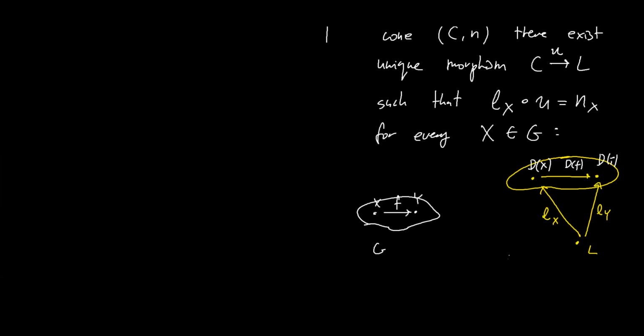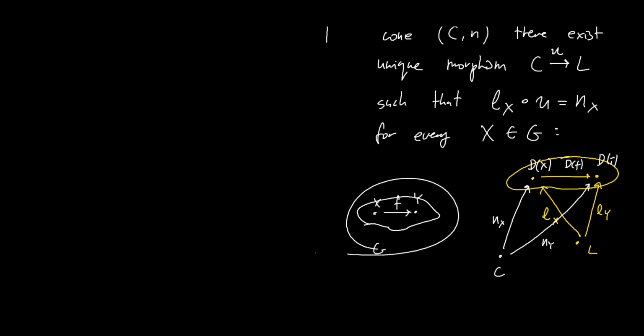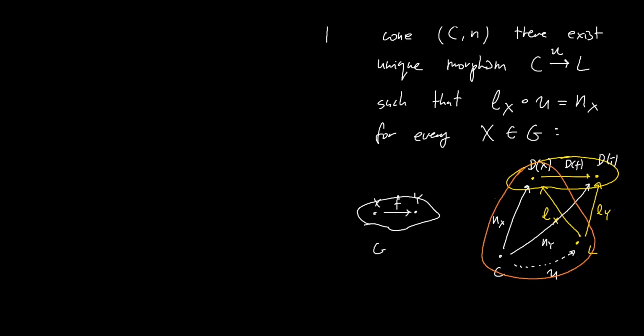And if I have another one, given by C and Nx and Ny and the whole family of N's indexed by the objects of G, then there exists a unique U such that each of these triangles, the ones I'm going to put in the orange area here, commute. In other words, its composites are always equal.